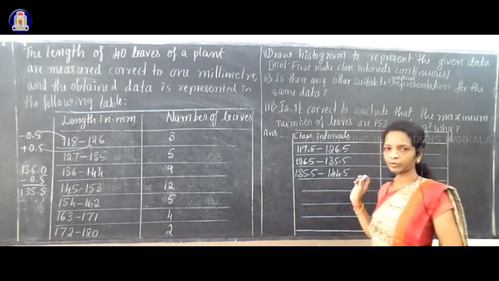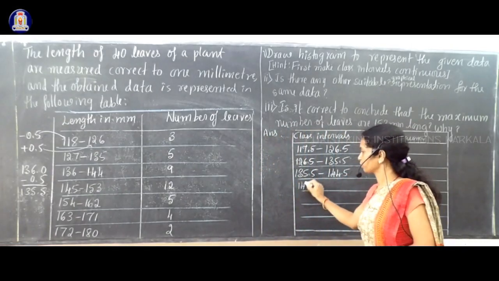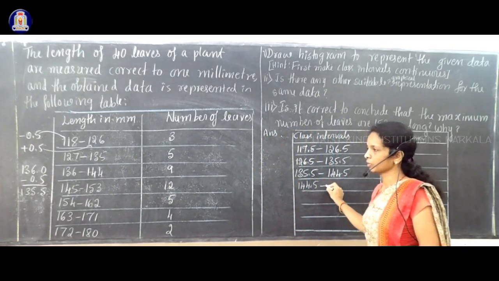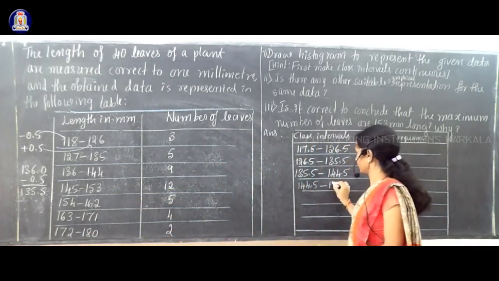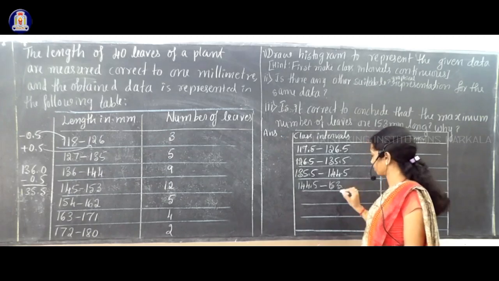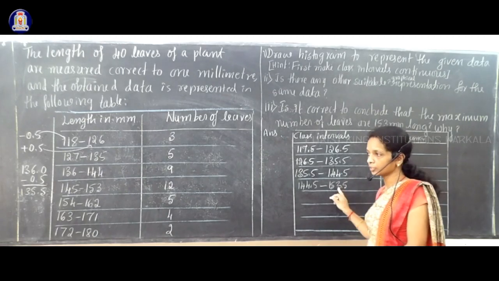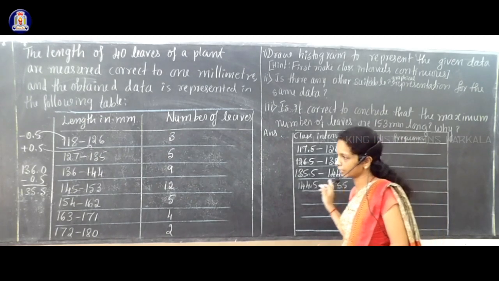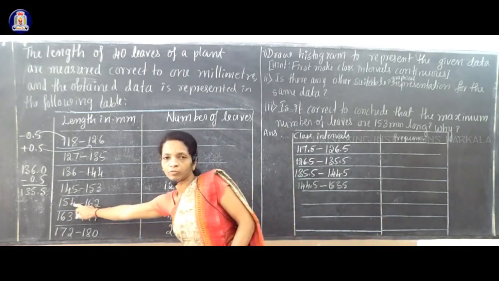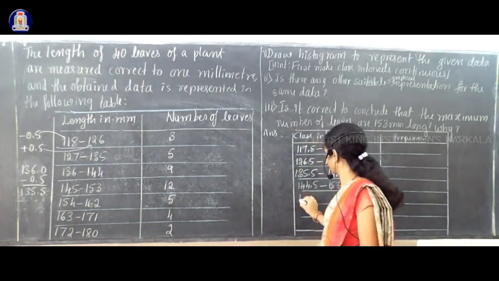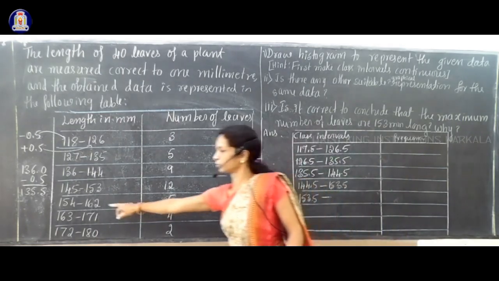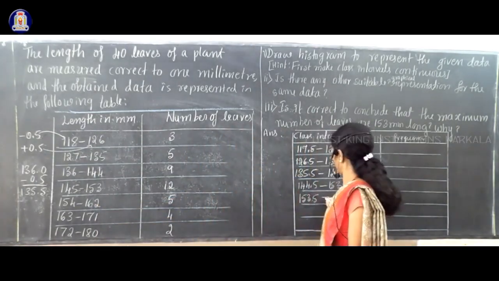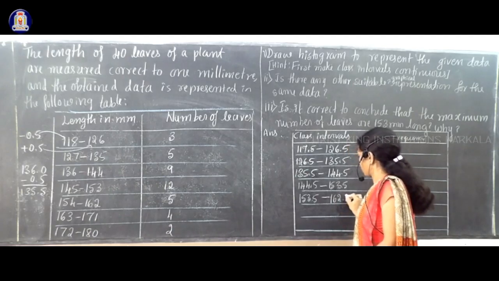Next, 145 minus 0.5, how much will you get? 144.5. And 153, adding 0.5, you get 153.5. Next, 154 minus 0.5 gives 153.5, and adding 0.5 to 162 gives 162.5.